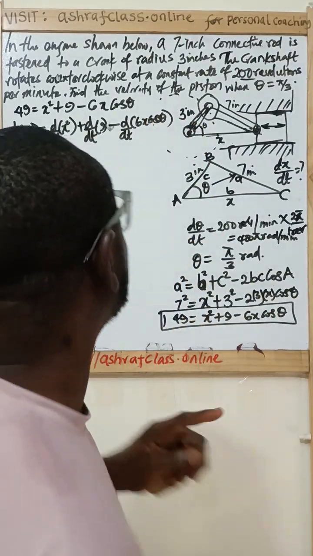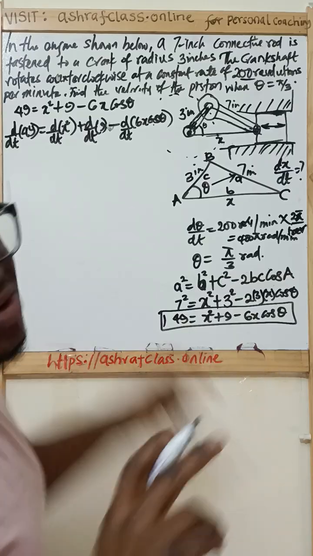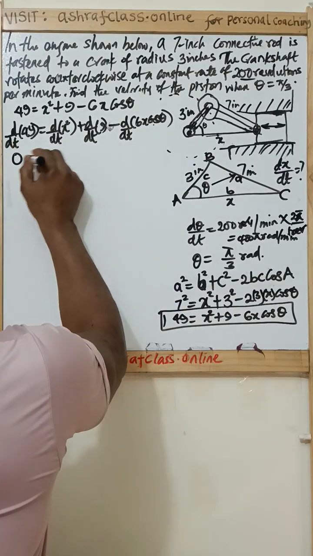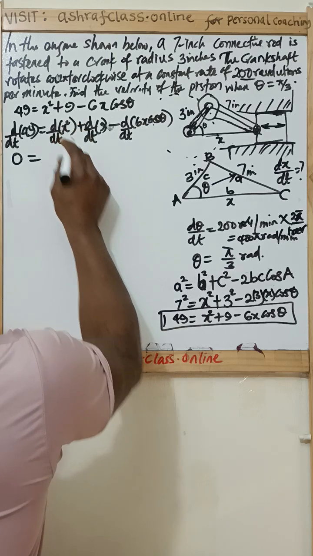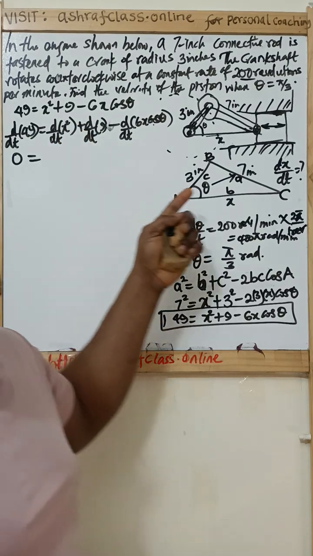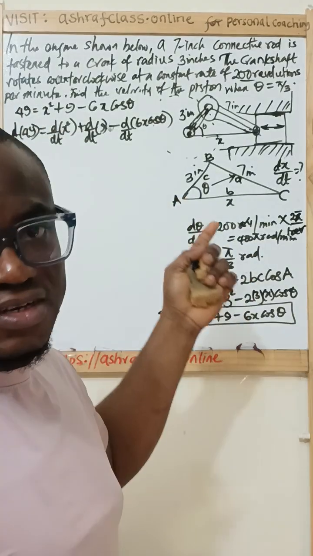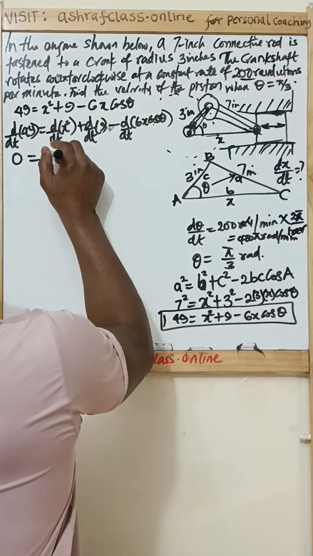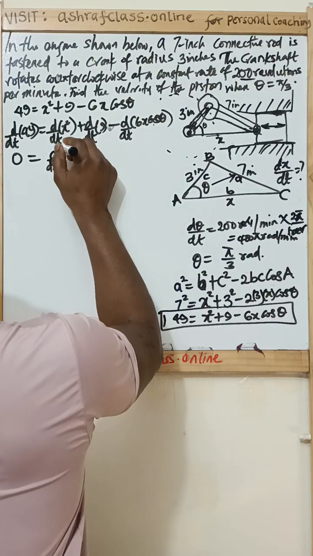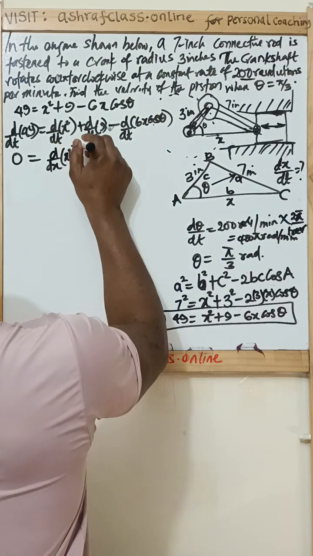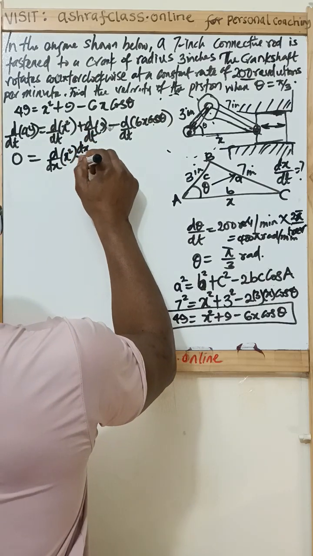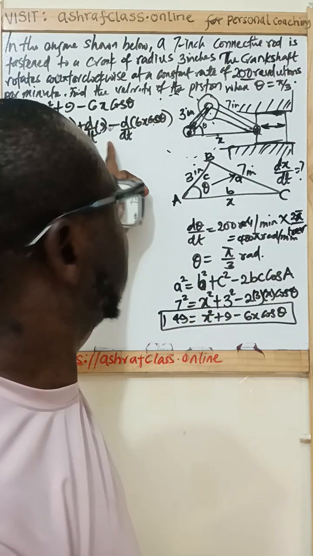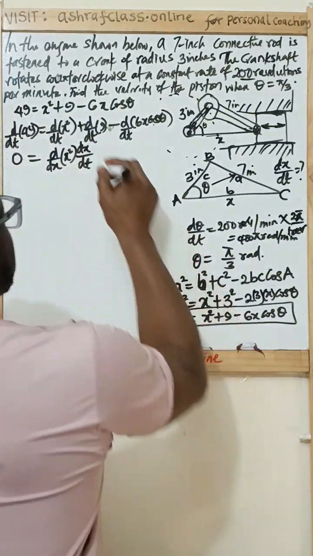The derivative of a constant is 0, so those terms are 0. For d/dt of x squared, we apply the chain rule: d/dx of x squared times dx/dt.